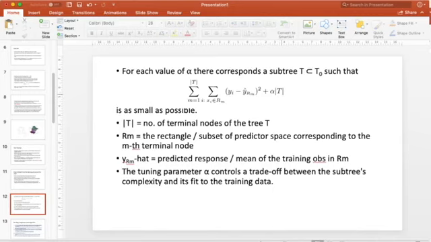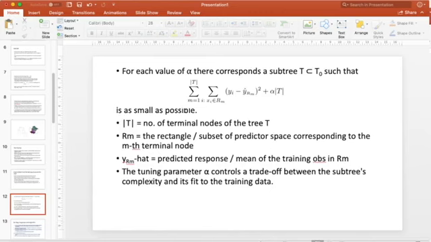That is why if you have a high |T| on the right-hand side, it's going to be penalized in the whole model performance. So the inclusion of alpha and the absolute value of T here is going to choose something that can minimize the left-hand side part while it stabilizes the number of terminal nodes that you have. You're not going to end up with a model that is too complex.